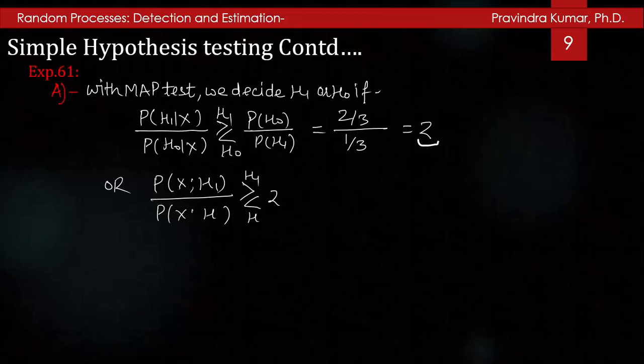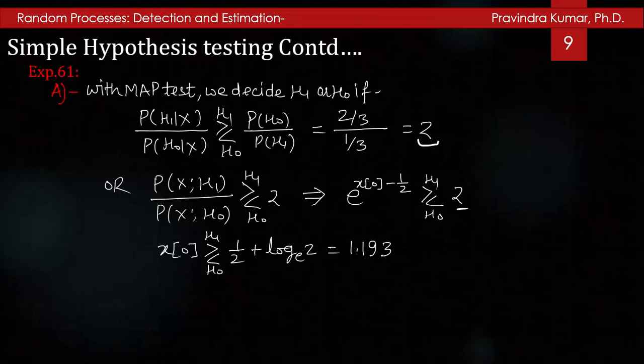So from here you can find out e to the power x naught minus 1 by 2 greater than or less than this threshold value 2, and after taking the natural log you will get x naught greater than or less than 1 by 2 plus log e 2. This is the new threshold value, and it will be 1.193.